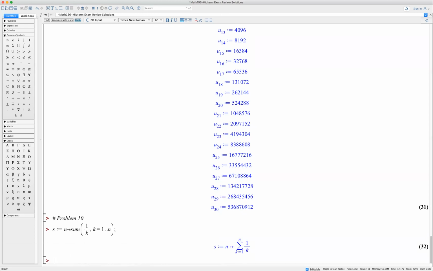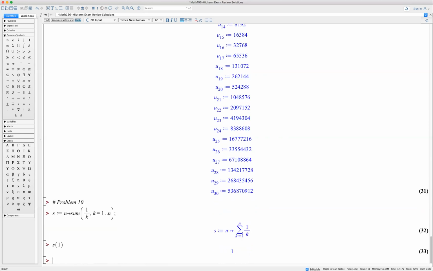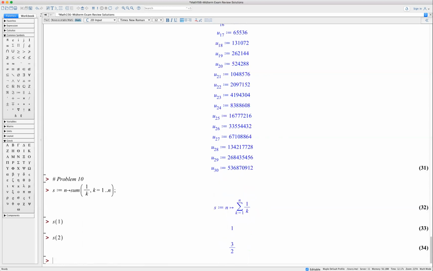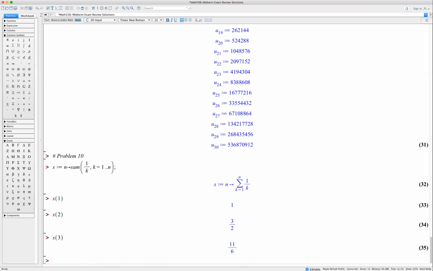So s of n is the sum of the reciprocals of the first n integers. So s of 1 is 1. s of 2 should be 3/2. s of 3 is 1 plus a half plus a third. It's 11 over 6, and so on.